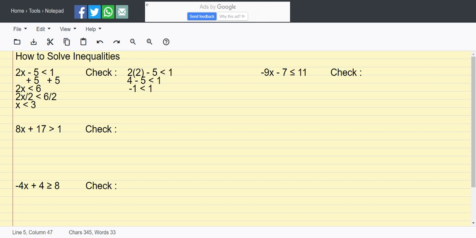So any value that is less than 3 would work for the x value. The answer is x is less than 3.